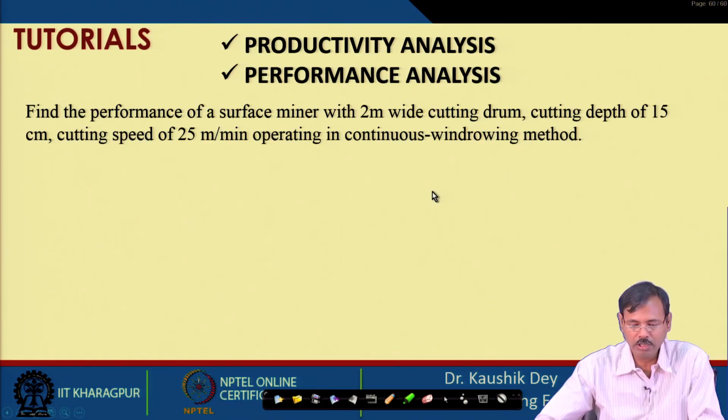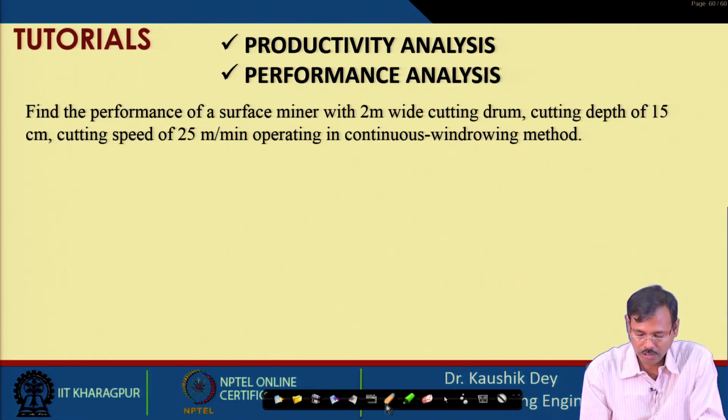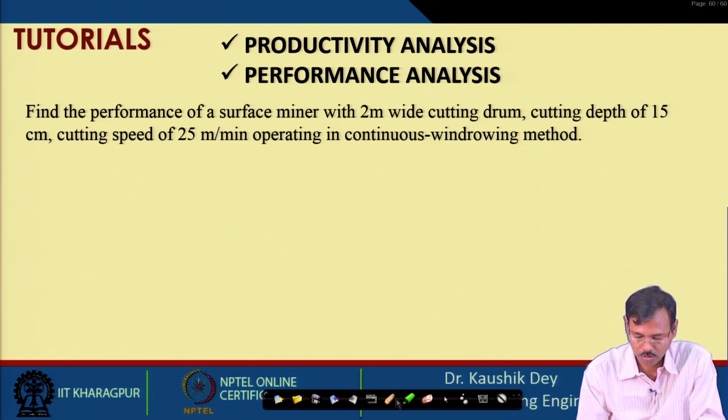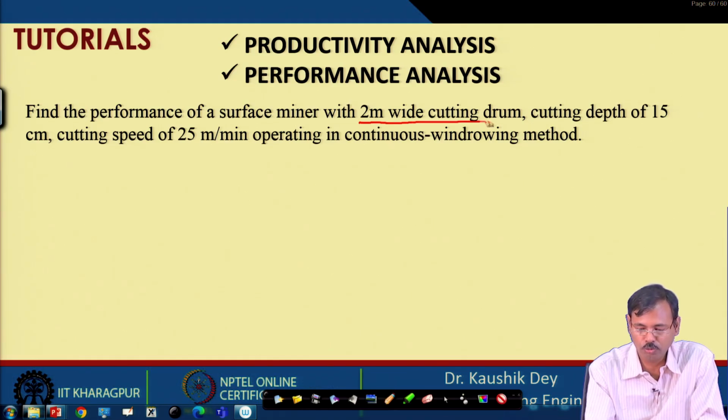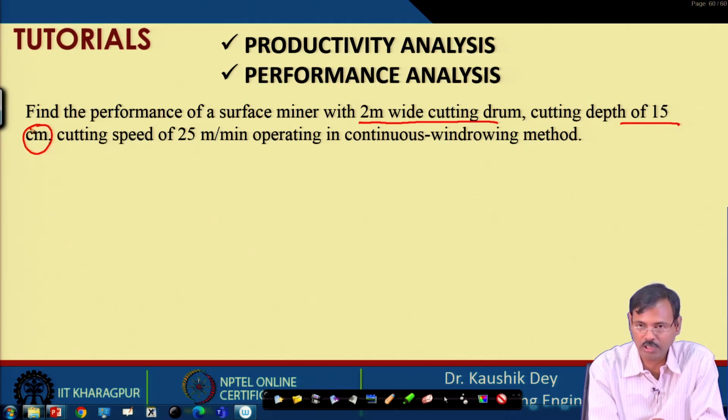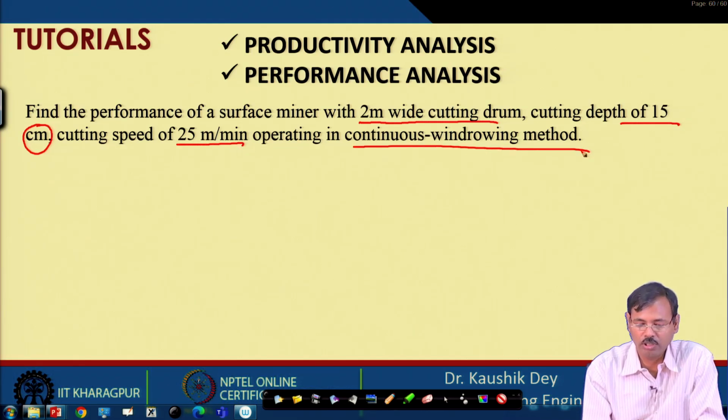So, this is a small example. If a surface miner is working with a 2 meter wide cutting drum, 15 centimeter depth, see I have changed the unit to centimeter here, and cutting speed is 25 meter per minute, then in the continuous windrowing method, how much will it produce? Obviously, we know it is 2 into 0.15, we have made it meter. So, we need not use the 1000 anymore, and the cutting velocity is 25 meter per minute.